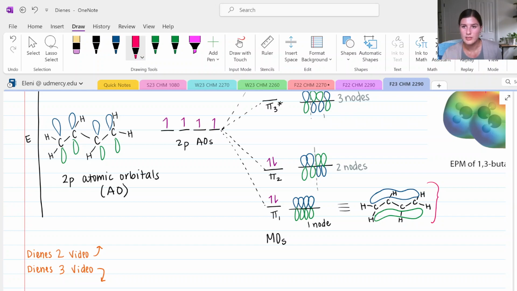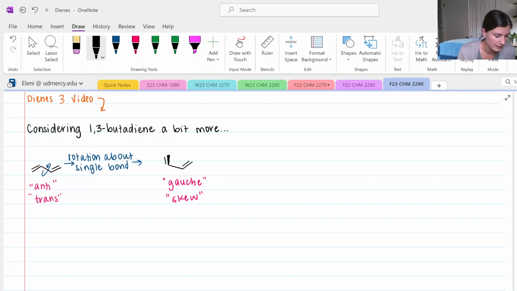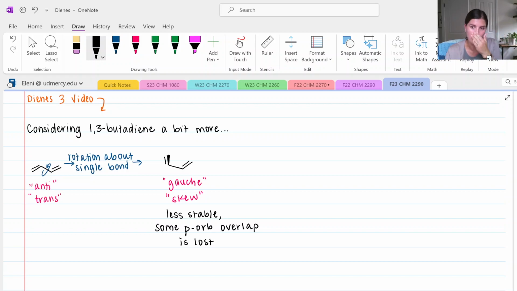And so if we're rotating around that single bond, as we move to that gauche or skew conformation, we lose some p orbital overlap, so we have a slightly less stable molecule, because some of that p orbital overlap is lost.